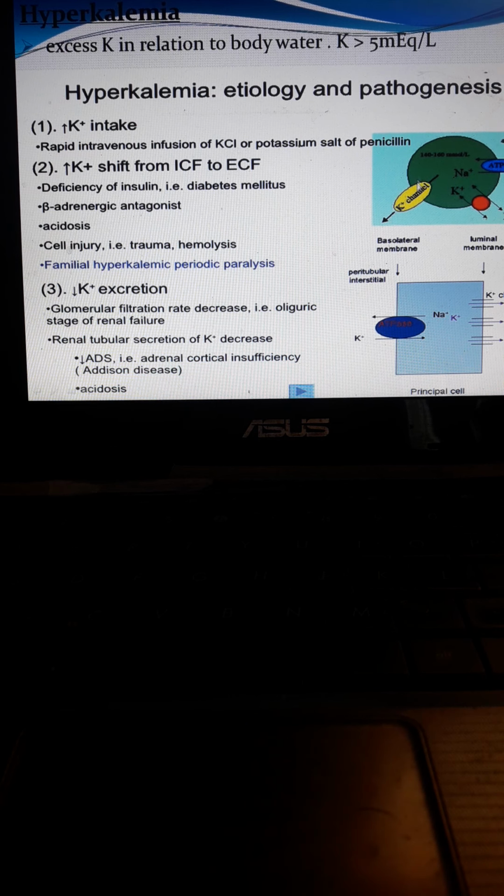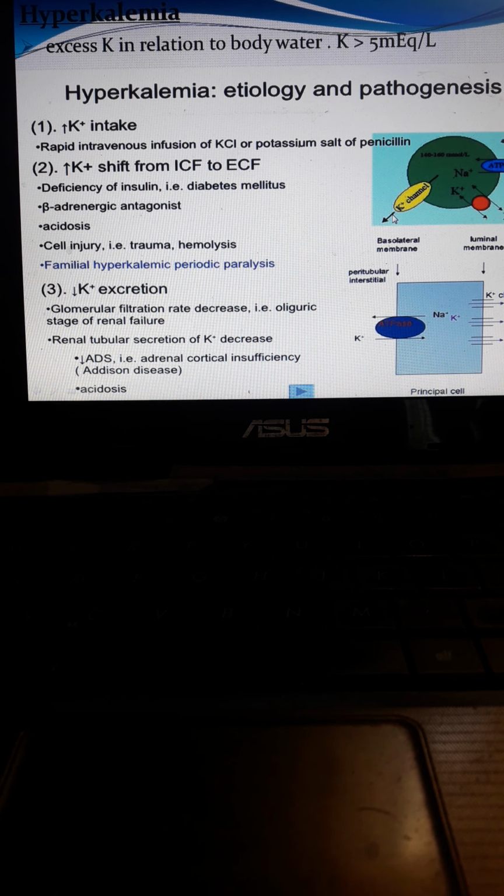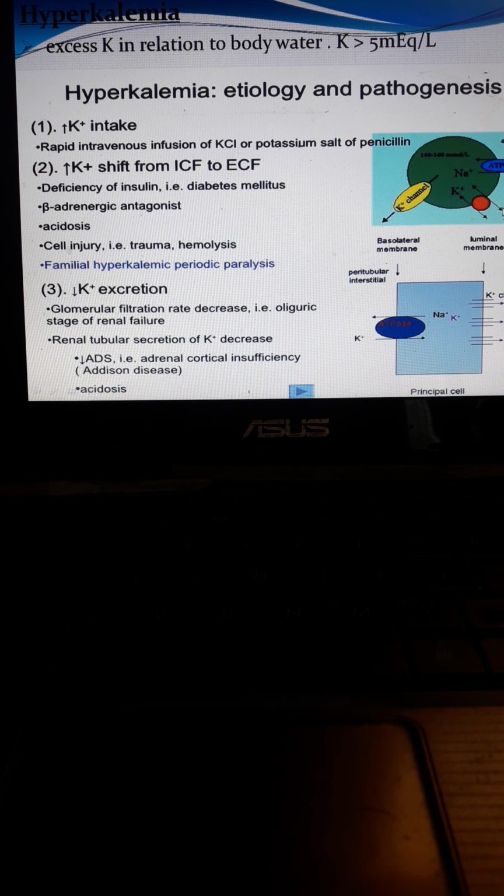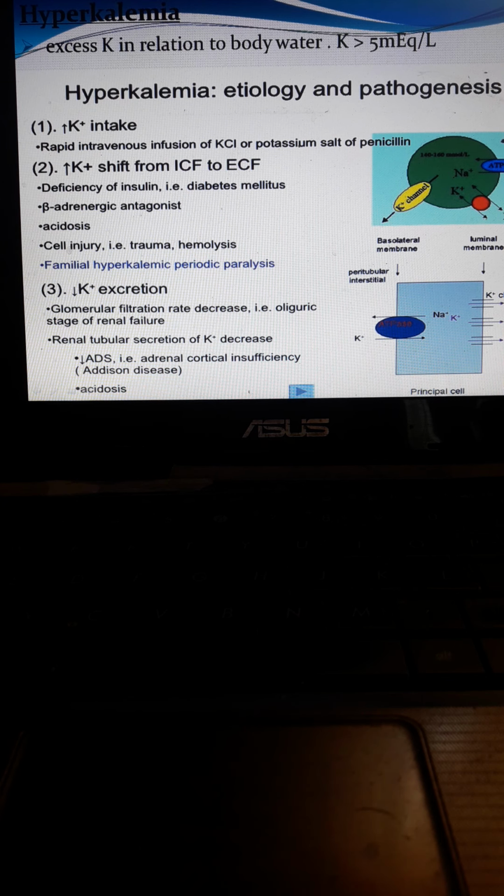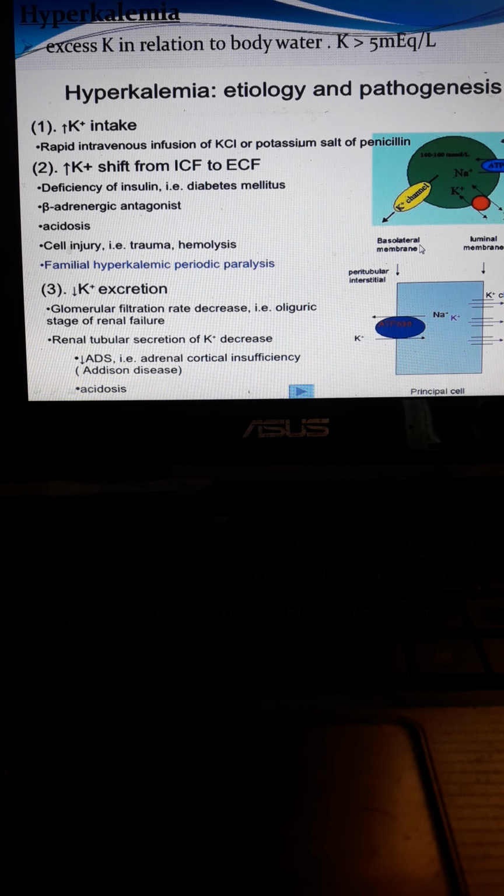So usually what will happen, if the potassium is 140 to 160 millimoles, more of the potassium ion will go outside of the cells. So try to see the hydrogen and potassium exchange. We have sodium and potassium exchange via ATPase, or in the principal cells, at the basolateral membrane, or luminal, in the lumen.